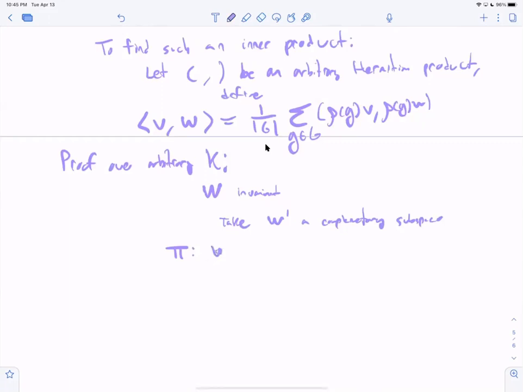When you take a complementary subspace, that in particular means you have a projection operator. So you take pi from V to, so V is equal to W plus W prime. And you could write this the other way: let me write it as projecting onto W prime. So you just project onto the second coordinate.